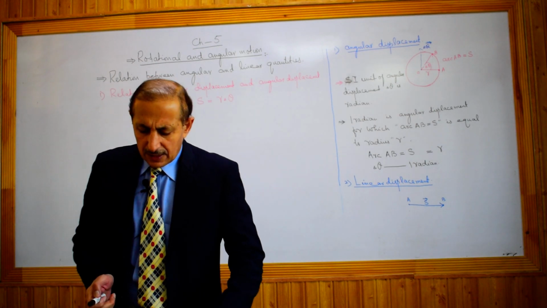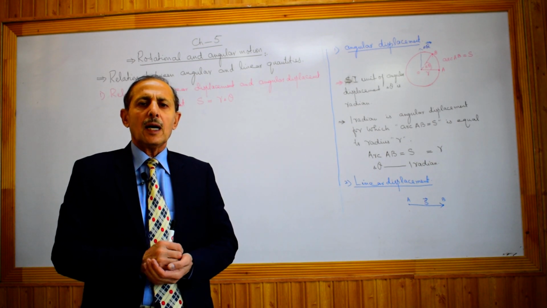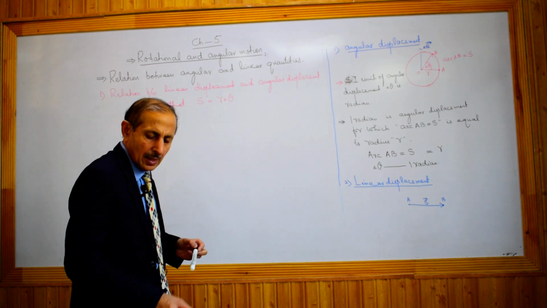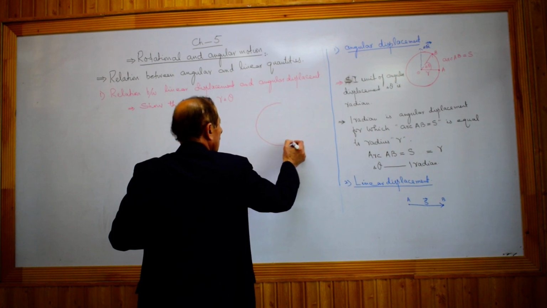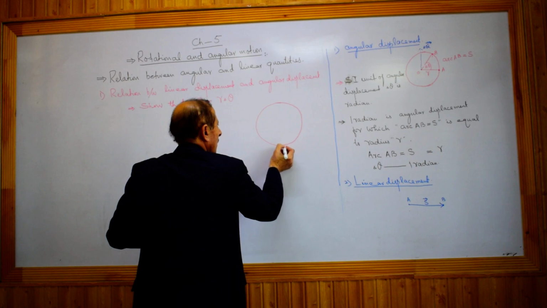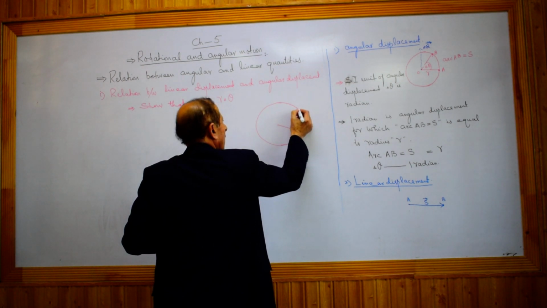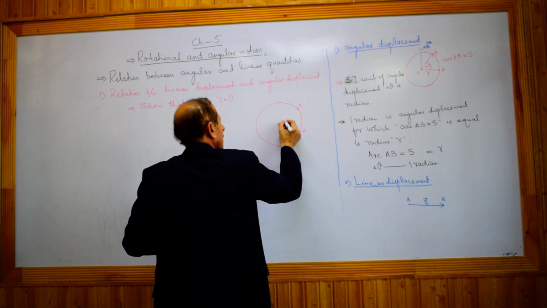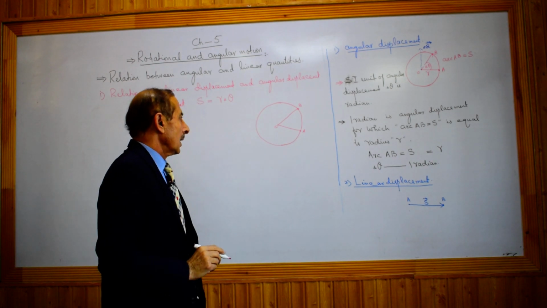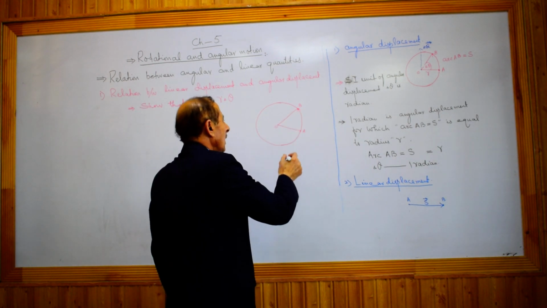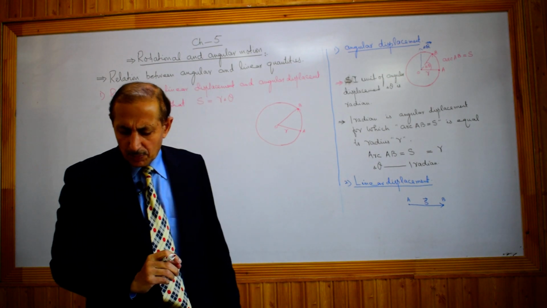For that, first of all, we consider a particle which is moving along a circular path of radius R. Consider a particle of mass m moving along a circular path of radius R from point A to point B, at the center O.